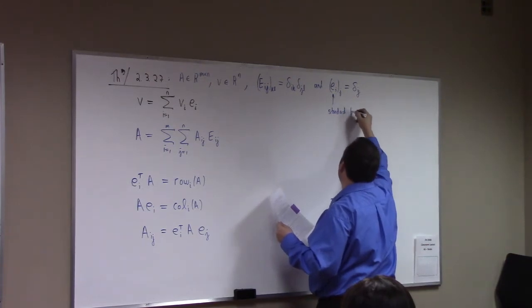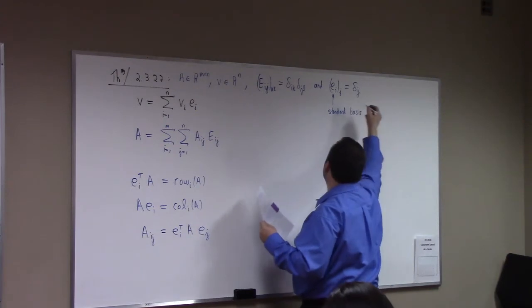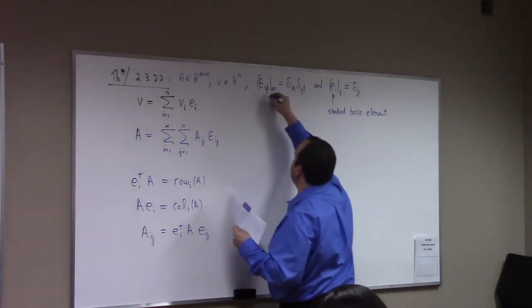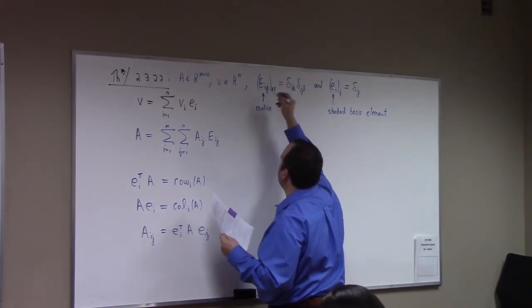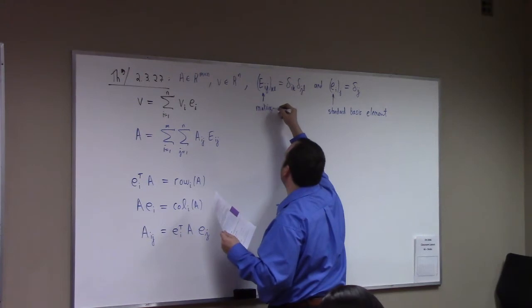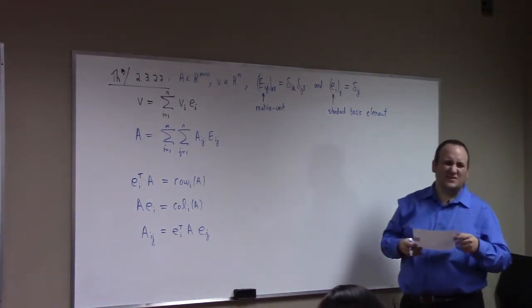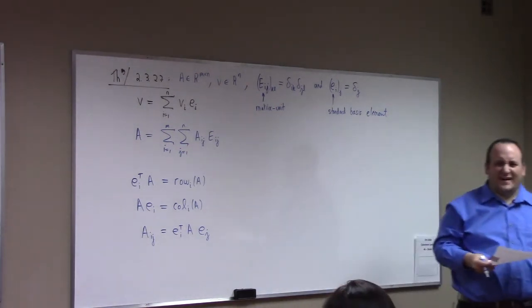Standard basis element. This guy is often called a matrix unit. That terminology is unfortunate because it's not a unit in the sense of abstract algebra. In fact, we'll learn that this matrix is very much not invertible.